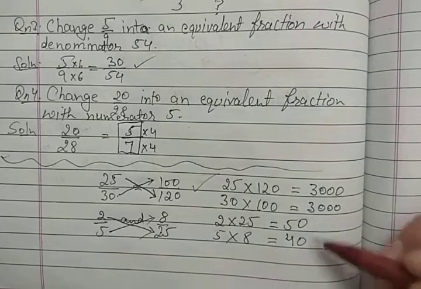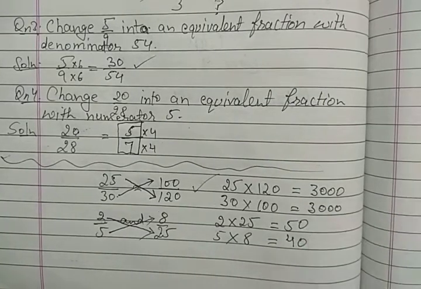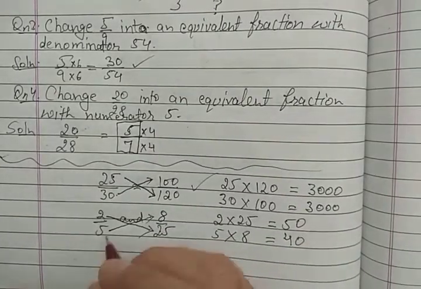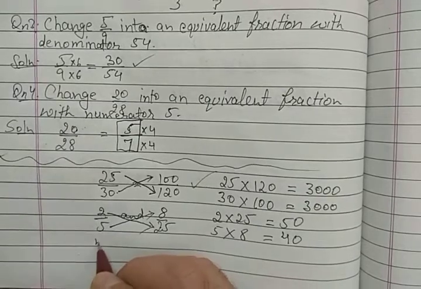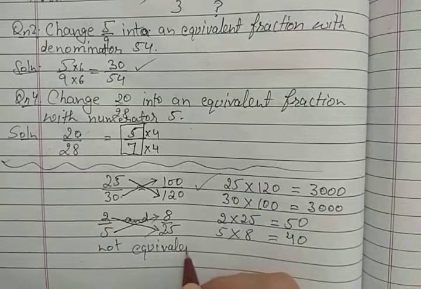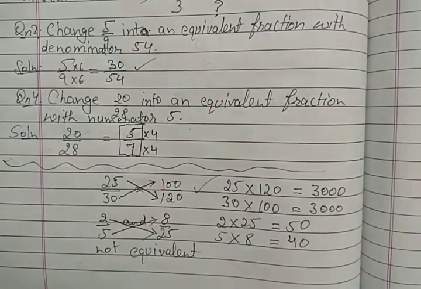So the products of these two are not equal. Hence these fractions are not equivalent. In this way we can check whether the given fractions are equivalent or not.